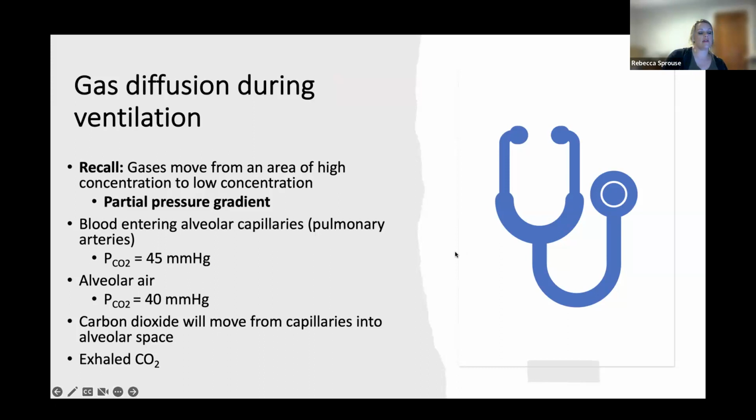So that blood entering those capillaries, coming through the pulmonary arteries to the lungs to pick up oxygen, has a partial pressure of carbon dioxide of 45 millimeters of mercury. The alveolar air has 40 millimeters of mercury, right? The air that you breathe in has a higher concentration of oxygen, which we're going to get to, than carbon dioxide.